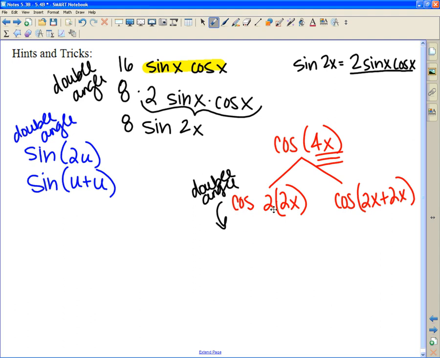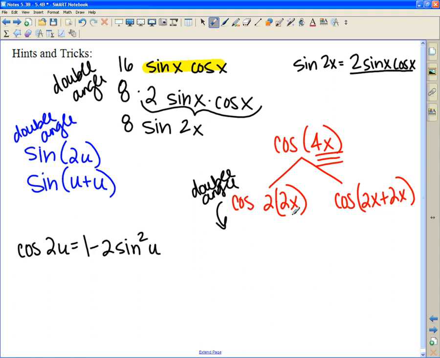Well, I need you to go to your double angle sheet, find cosine. And we could pick any of these. I'm actually going to pick the last one. So we know that on our yellow sheet we have cosine of 2u equals 1 minus 2 sine squared u.